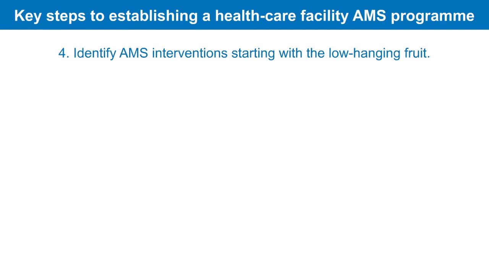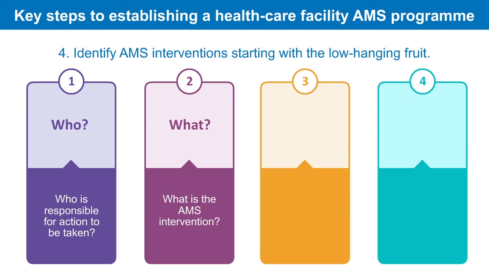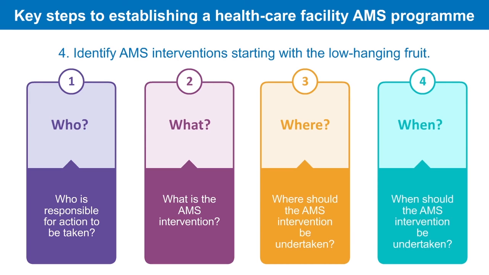The fourth step is to identify AMS interventions, starting with what you can easily achieve and is feasible, the low-hanging fruit. Here, focus on identifying the 4 W's. Who is responsible? What is the AMS intervention and where and when the intervention will take place?